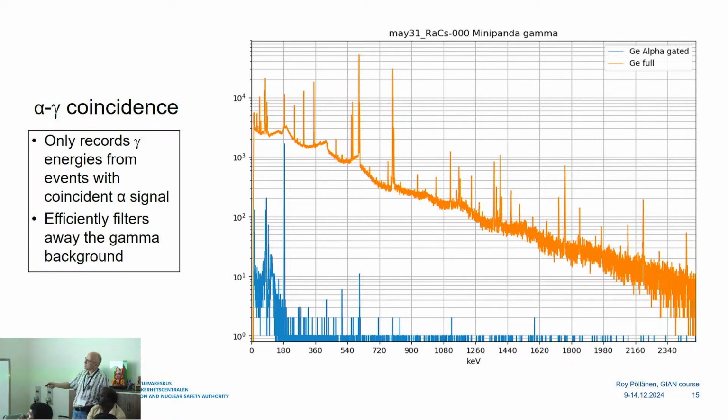So here we record gammas only when they came same time to the detector, when alphas go to the alpha detector. Again, practically no background. So we can easily see low energy peak. So the method efficiently filters away the gamma background.